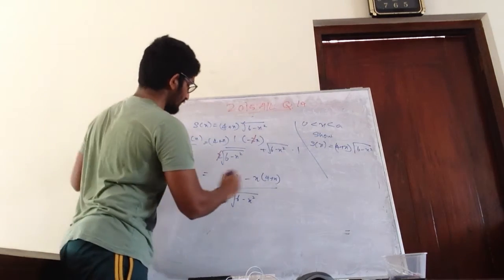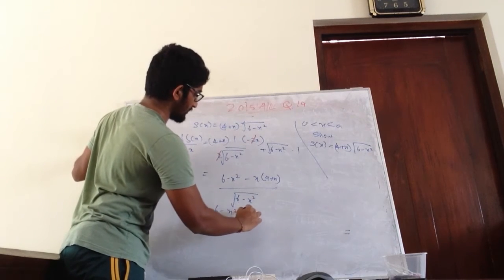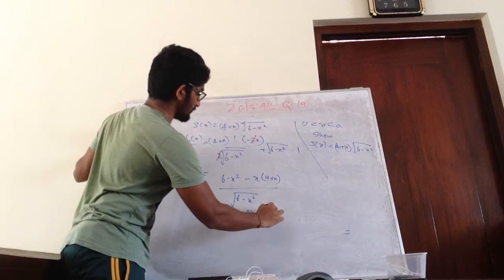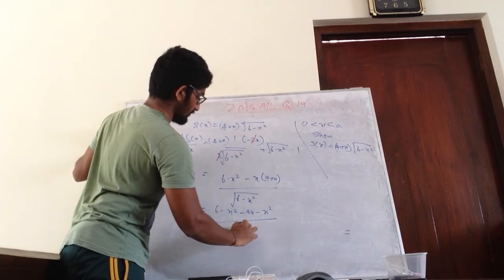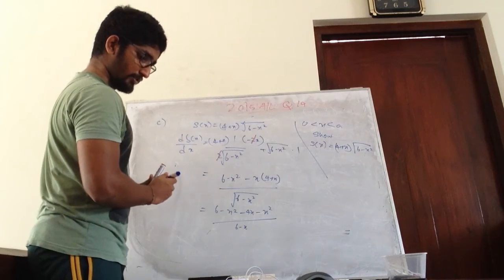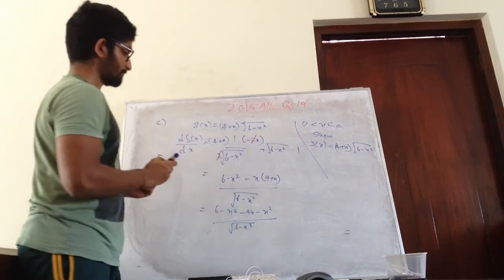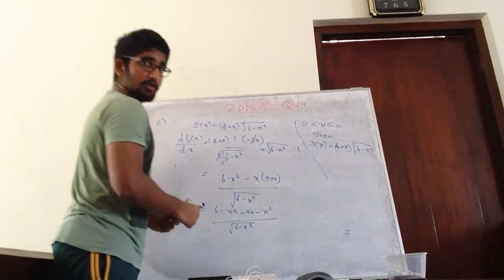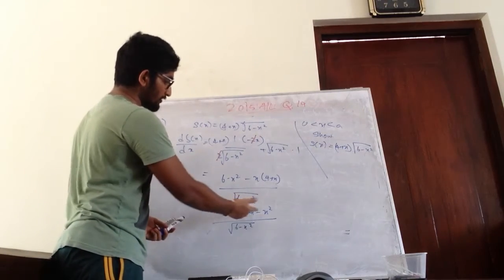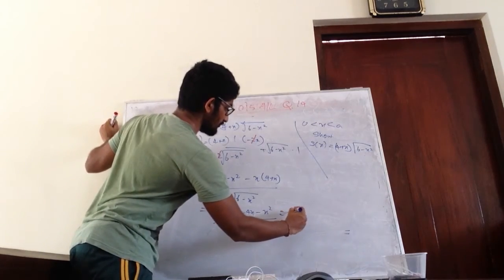So here what will we get? 6 minus x squared minus 4x minus x squared, all over the square root of 6 minus x squared. Then I'm going to take the minus out.